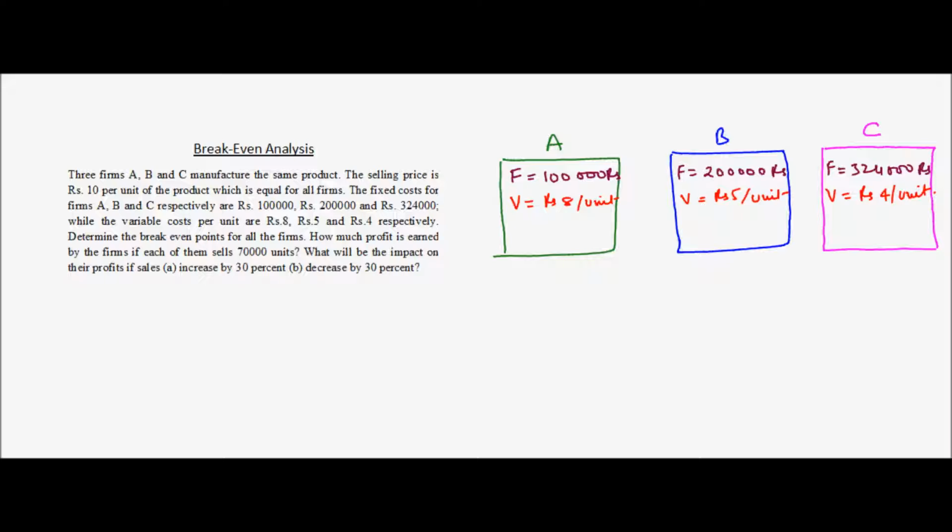Now once the material has been manufactured, it needs to be sold to the outside world, and the selling price for the product has been given as rupees 10 per unit for all the firms. So the selling price is rupees 10 per unit. Same thing for B, and same thing for C.